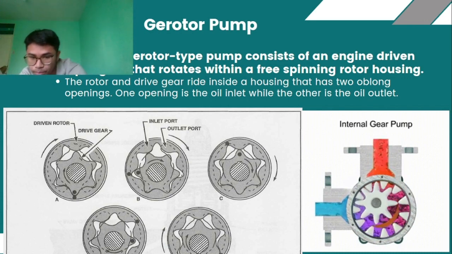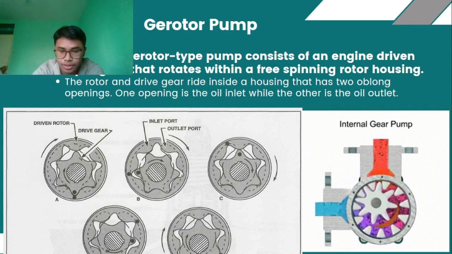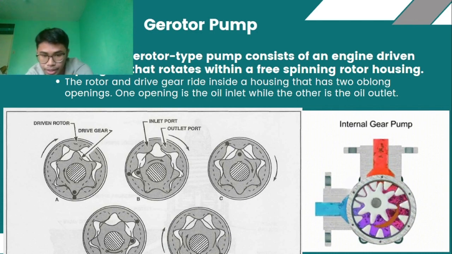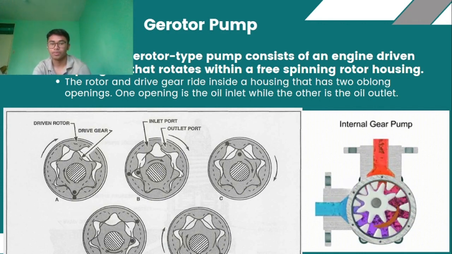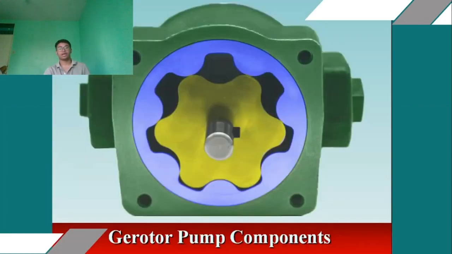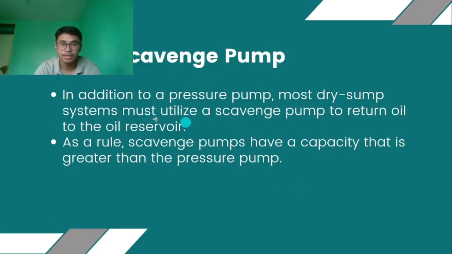In terms of performance, gear pumps are generally better suited for high pressure and high volume application, while gerotor pumps are better suited for low pressure and low volume application. So, ayun yung pinagkaibahan ng gerotor pump at gear type. So, sa gerotor pump, kita nyo naman, ito yung spur gear at ito yung housing. Ayan yung kita.